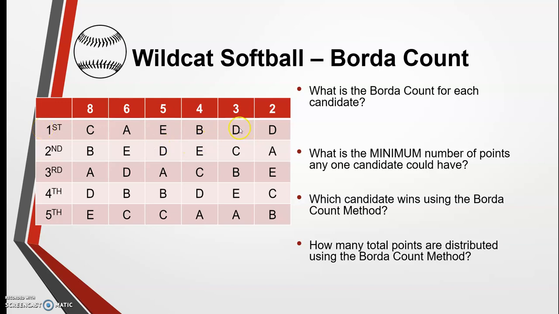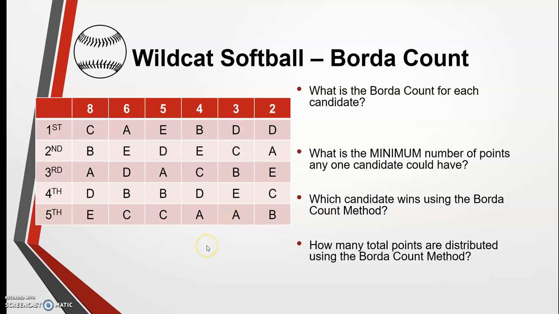And then we're going to take each candidate one at a time, determine how many first place votes they received, multiply that by 5, then find how many second place votes they received, multiply that by 4, third place votes multiplied by 3, fourth place votes multiplied by 2, and then last place votes multiplied by 1.